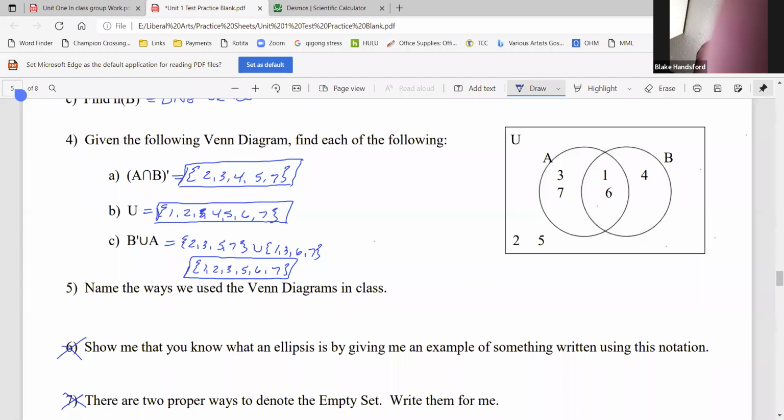All right, now it says, name the ways we use the Venn diagrams in class. There are 3 different ways we use our Venn diagram. What are those 3 ways? Define unions, complements, and intersections. No, we did use those when we were talking about how to put things together, but there are certain ways we actually use the Venn diagrams and we gave them titles or names.